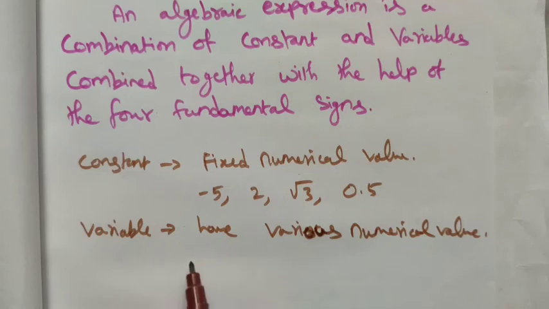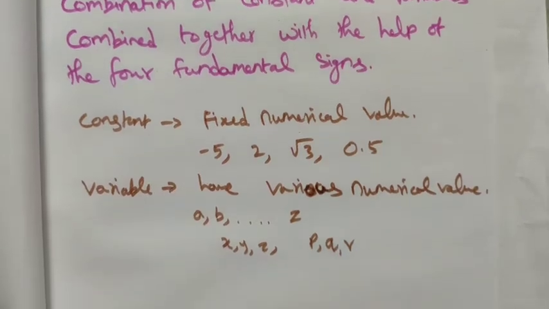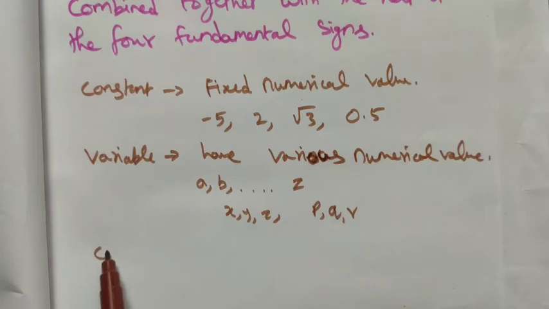It will be denoted in the form of alphabetic small letters a, b, c, d to z. We have to denote it in the form of a small letter, either x, y, z or p, q, r. These are the variables, right? Now we see what is the coefficient of the term.